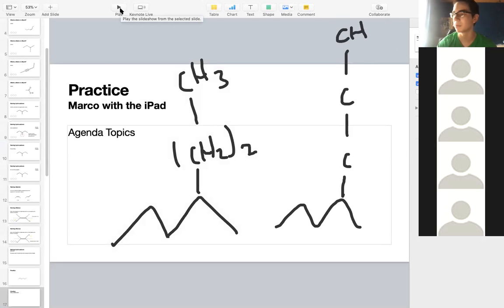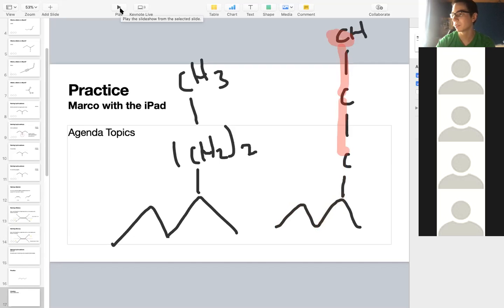And then those carbons have hydrogens coming off of them, but I'm not going to draw them. So when it's drawn out like this, we can easily tell that our longest carbon chain goes from here, carbon 1, 2, 3, 4, 5, 6, 7. So it turns out our longest carbon chain is 7 carbons long.